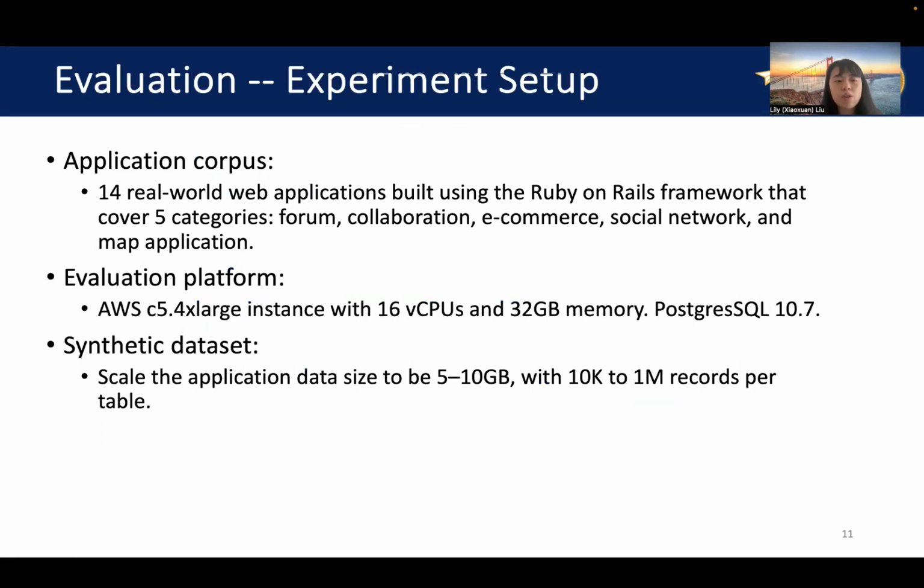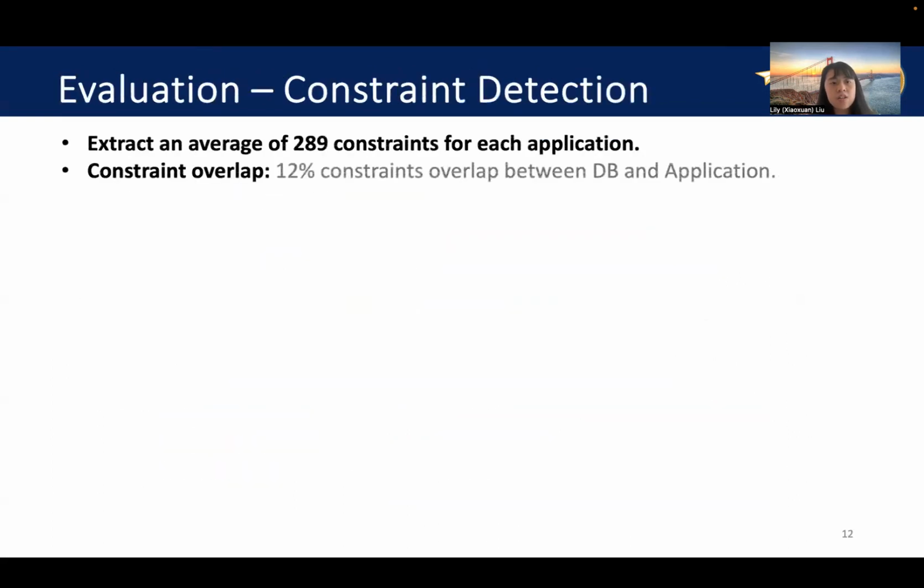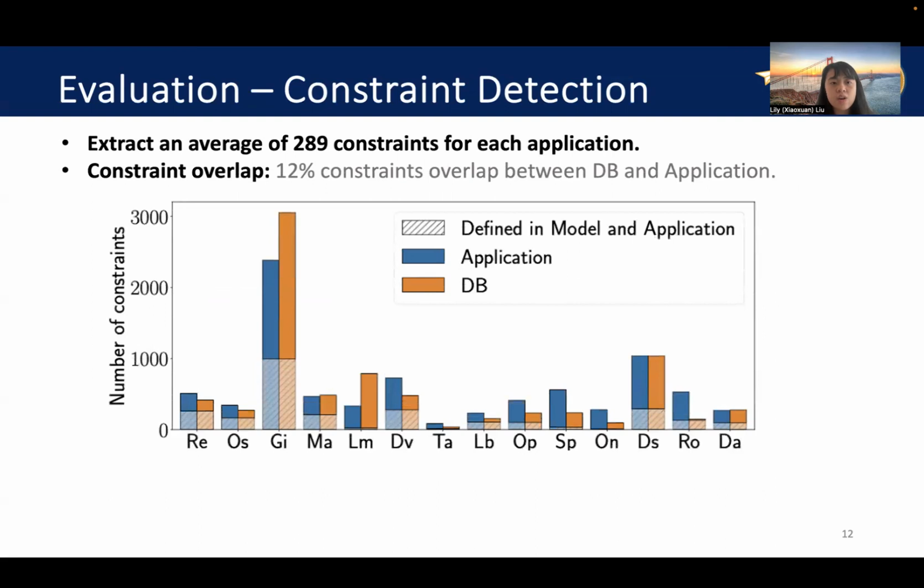To evaluate Coco, we use 14 real-world applications covering different categories, and we evaluate on AWS with Postgres as the database. We also synthesize the data set so that the data size is about 5 to 10 gigabytes for each application, with 10K to 1 million records per table. First, we find that Coco can extract about 289 constraints for each application.